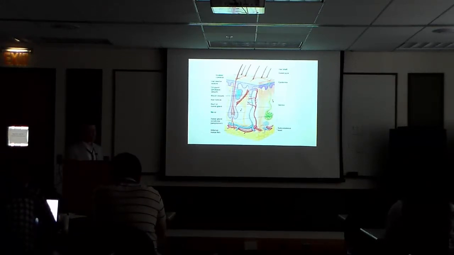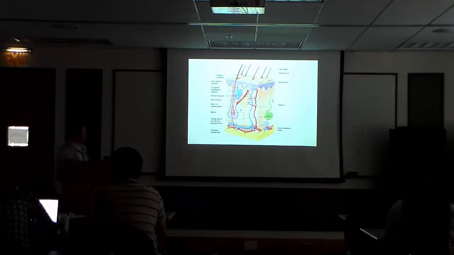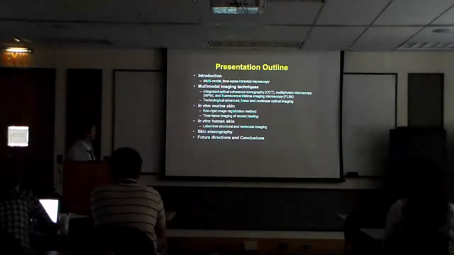There are obviously pathologies with cancer, but even dermatitis and acne and everything that we can all relate to. So there are a lot of targets in this tissue that we can use imaging to interrogate. And because it's so optically accessible, it is a favorite for us in biophotonics.